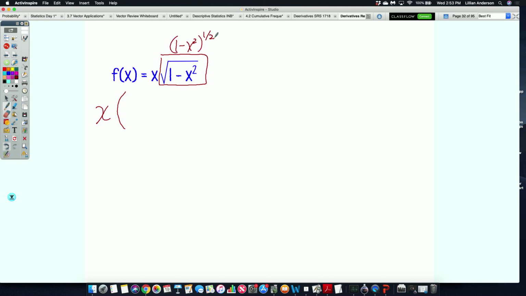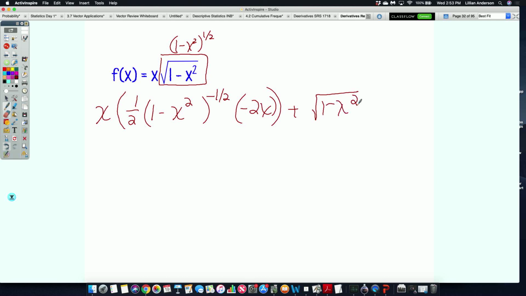So your outside would have been 1/2 times the inside to the negative 1/2, but remember, we always write the inside function, and then you multiply by the derivative of the inside, which was negative 2x. So that was the first times the derivative of the second, plus the second times the derivative of the first, which was nothing but 1.